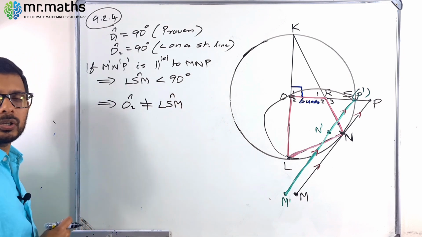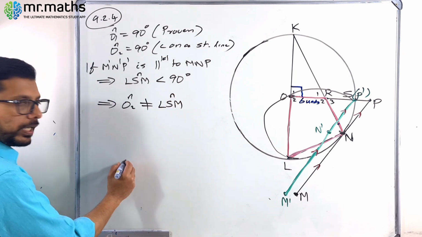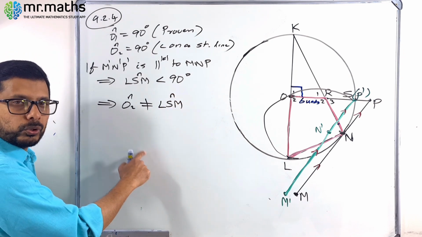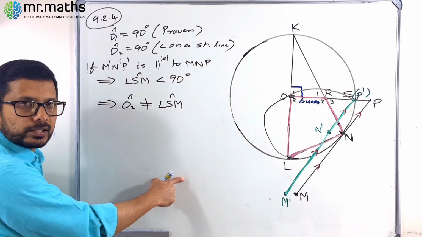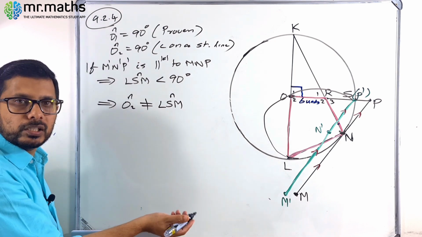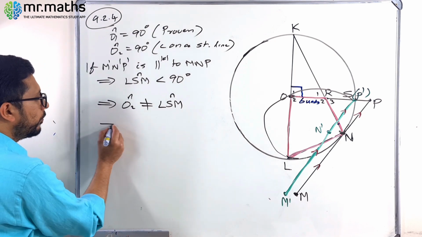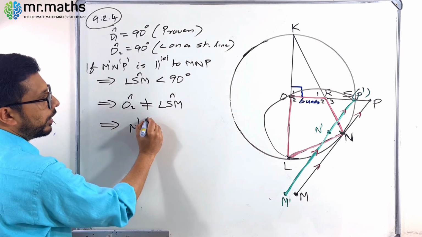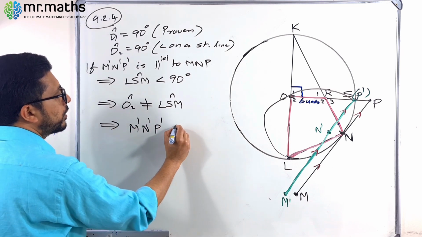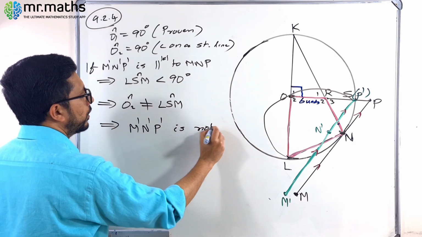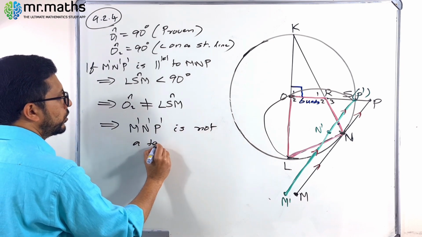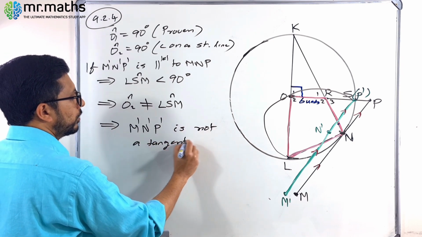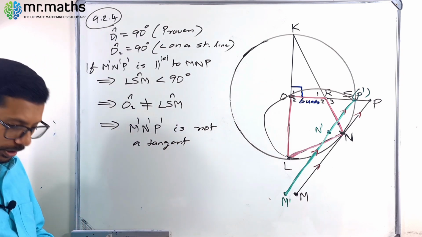O2 is 90 degrees, do you remember that figure? And the other one is less than 90 degrees. So it means that it is not equal. So it implies that the new line M dash N dash P dash is not a tangent of the new circle.